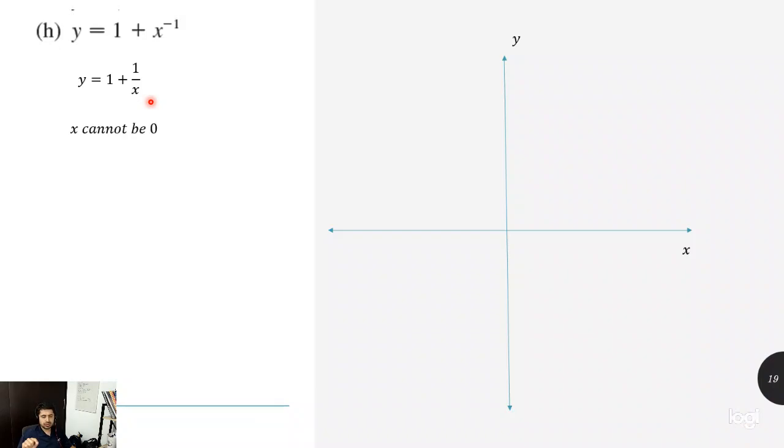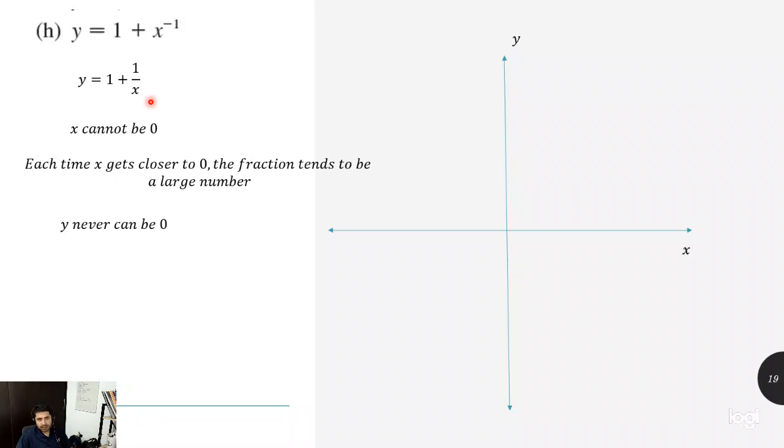You can put it into your calculator or Excel. With 1 over x, x cannot be 0 because it's undefined. Each time x gets closer to 0, the fraction tends to be a large number. Why? Take 1 over 0.000001, and you will get an incredibly huge number.